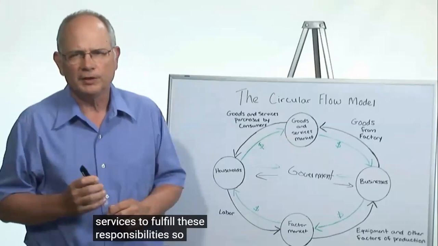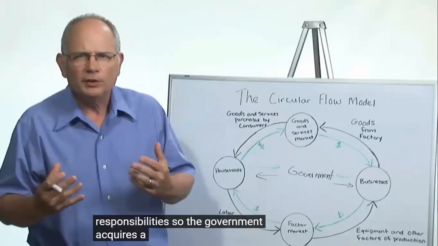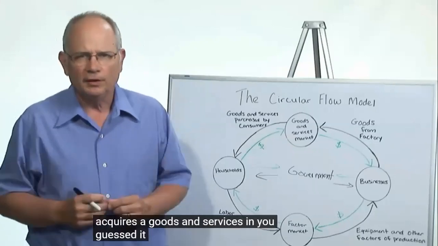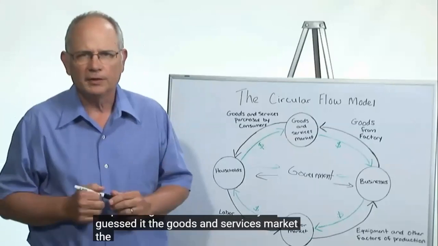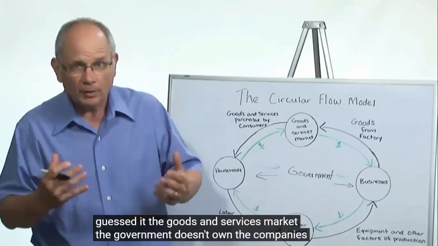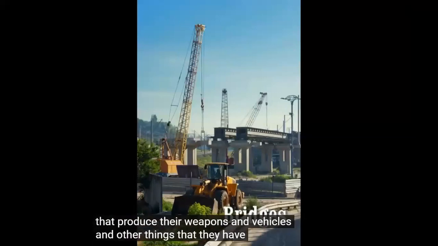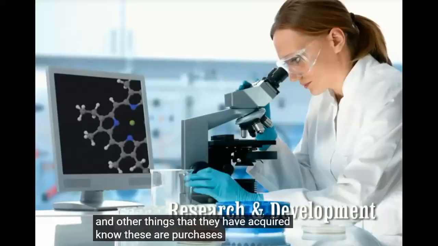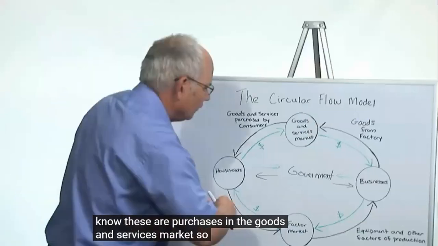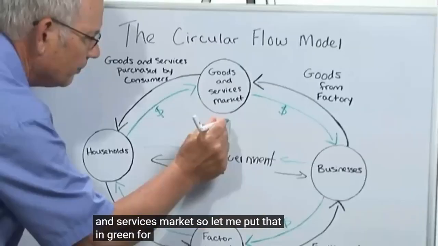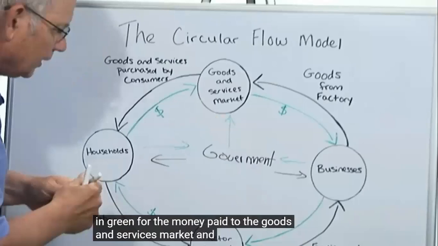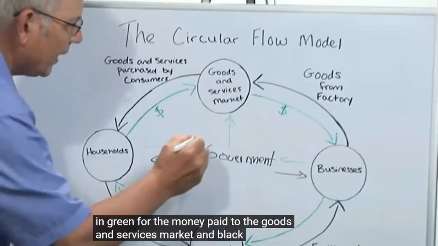So the government acquires the goods and services in, you guessed it, the goods and services market. The government doesn't own the companies that produce their weapons and vehicles and other things that they have to acquire. No, these are purchases in the goods and services market. So let me put that in green for the money paid to the goods and services market, and black for the goods and services provided.